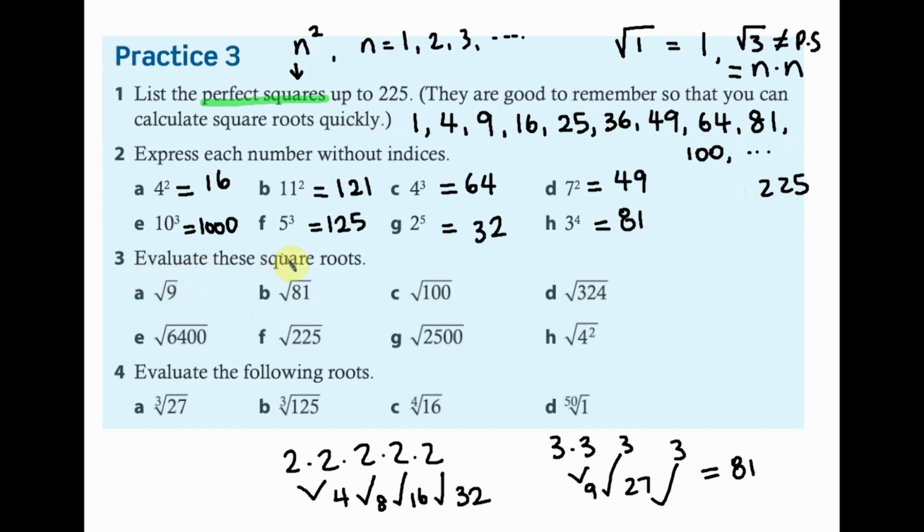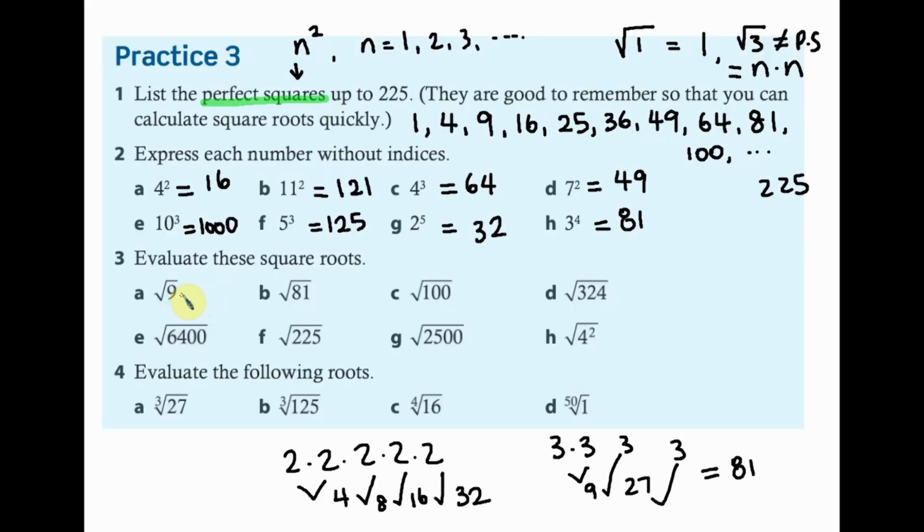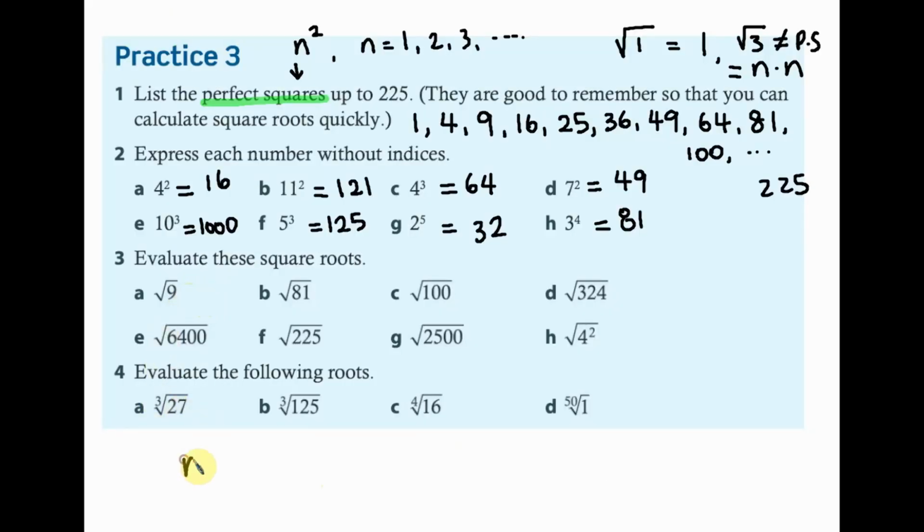Number 3, evaluate these square roots. If I just see this symbol, it tells me this is the symbol of square root. If you had cube roots or fourth roots, they would have a number in front of the root. So in this case, what two numbers do you need to multiply to get 9? And remember, they have to be exact same numbers.